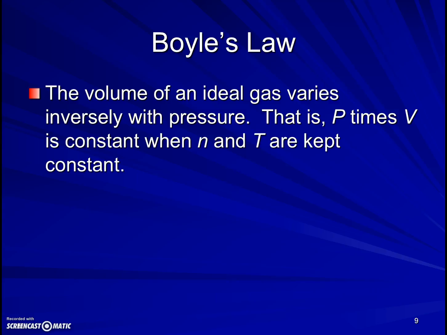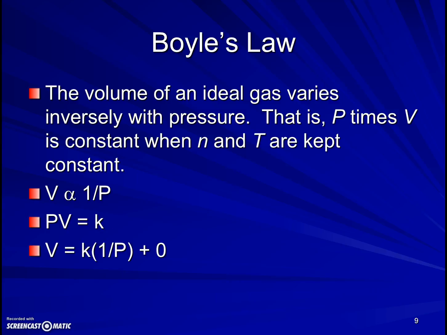So if you take a balloon and squeeze it, it's going to get smaller. Or if you put it in an environment where the pressure is much less, that balloon can expand. And so we can write that law a number of different ways mathematically. This law assumes that the system is closed, so no molecules are escaping in or out, and it assumes that the temperature is staying the same.